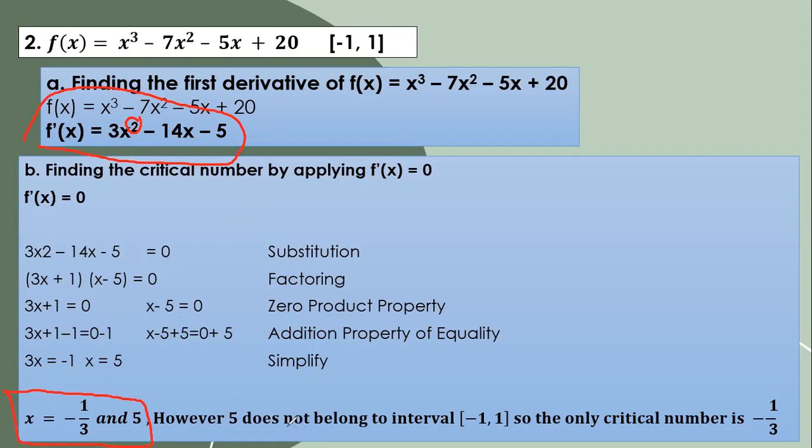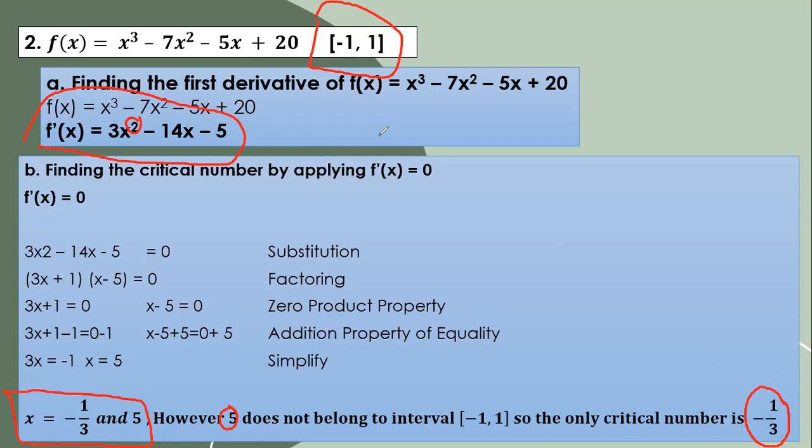Okay? However, sabi dito, 5 does not belong to the interval negative 1 tsaka 1. So, given tayo interval na negative 1 tsaka 1 lang. Okay? So, thus, hindi na natin isasama si 5 sa pag-substitute. Okay? Or sa critical number. So, the only critical number is negative 1/3.